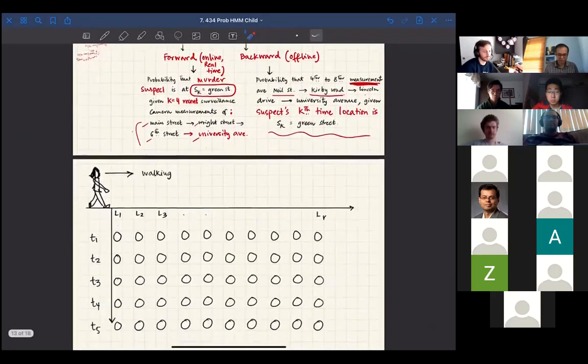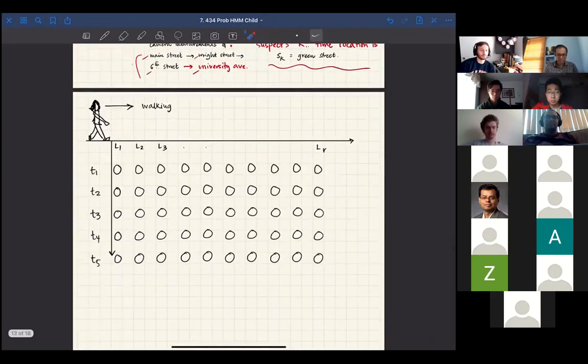Very good. So if that is clear, actually I had this one where I wanted to say something. Let's say this is the state space, and M1 through K tells you this.